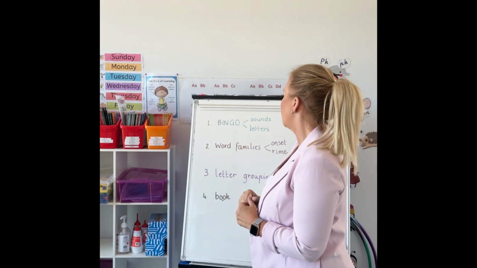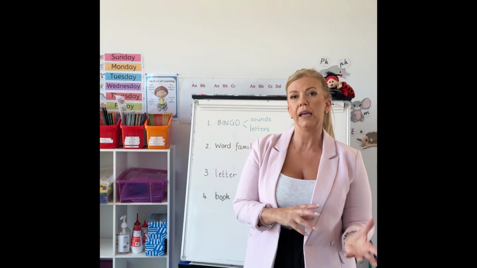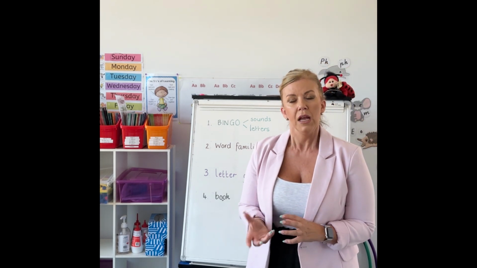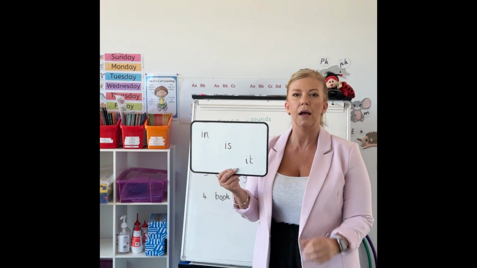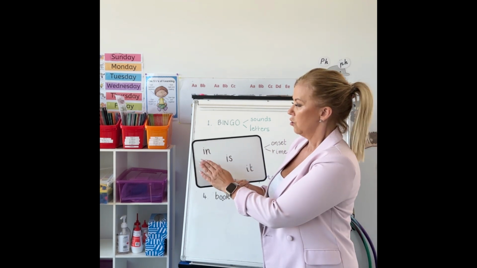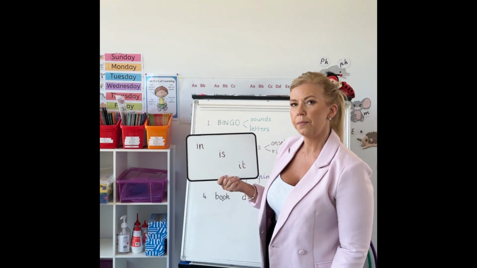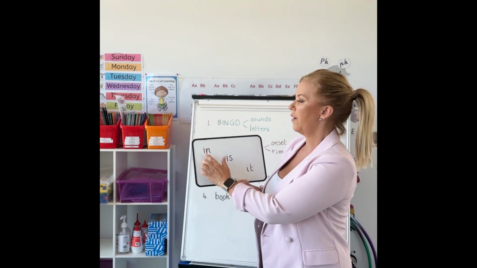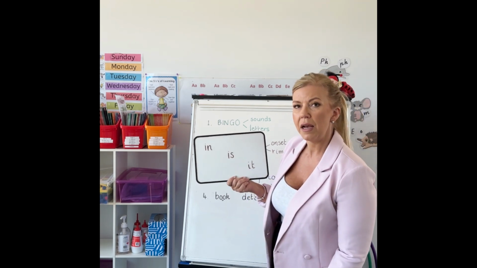The second one we can do is word families. So looking at onset and rhyme. So what I mean by that is, for example, we could look at the onset, the i, the it sound. So we've got in, is, and it. Okay, and we're focusing on the fact that every word starts with the same sound.